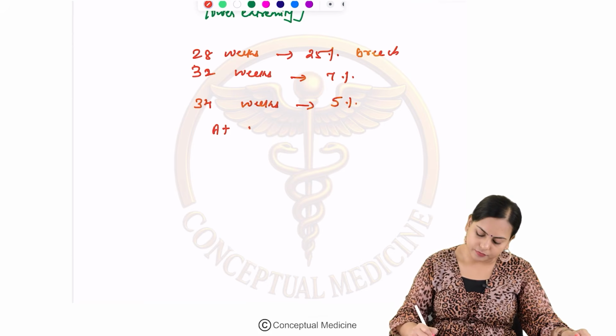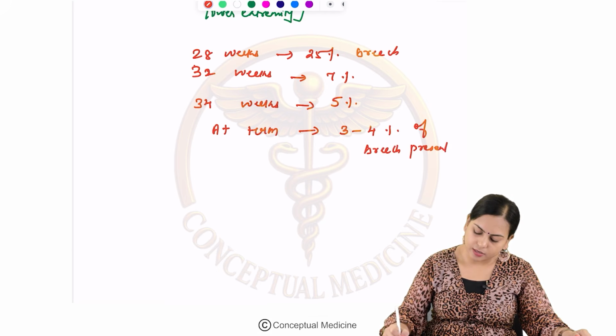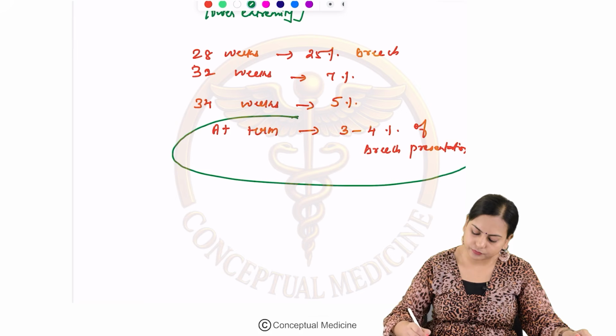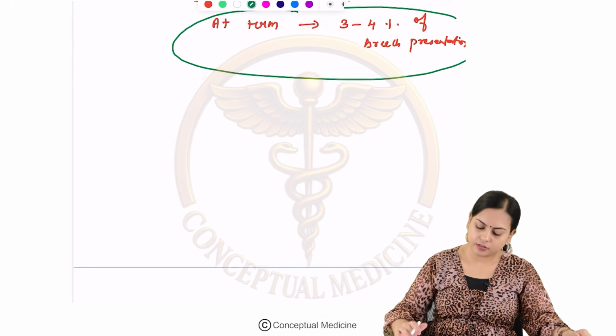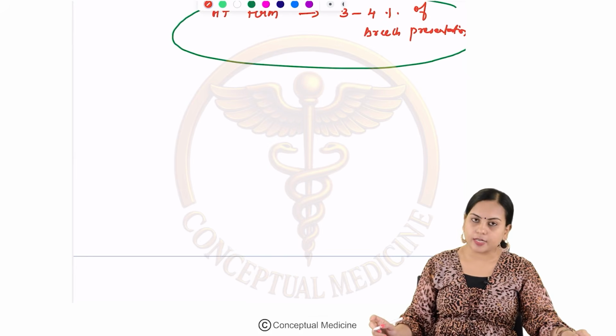And at term, there is only 3 to 4% of breech presentation. Clear? This is very important.